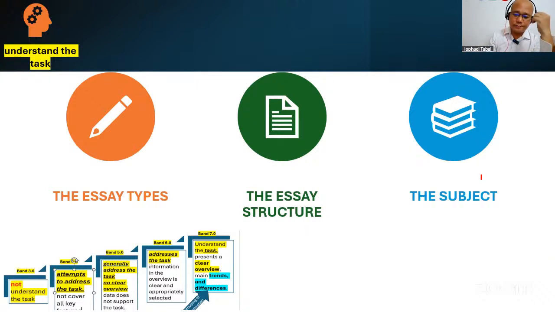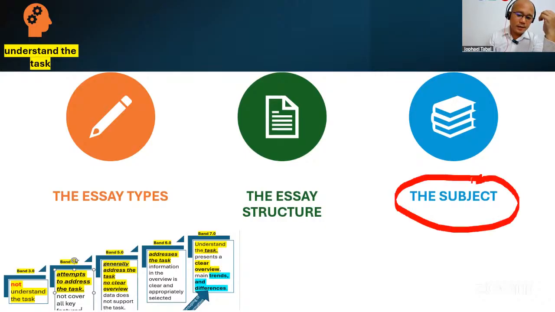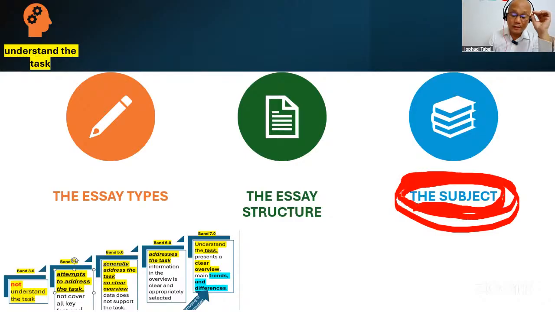Now the subject. Understanding the subject is the most important in writing task 1. It is the most important to get a band 7.0 in writing task 1. And many students actually have an issue or problem in understanding the subject.